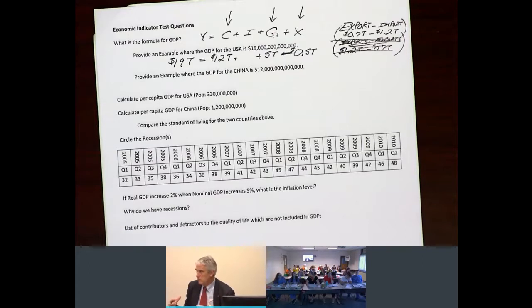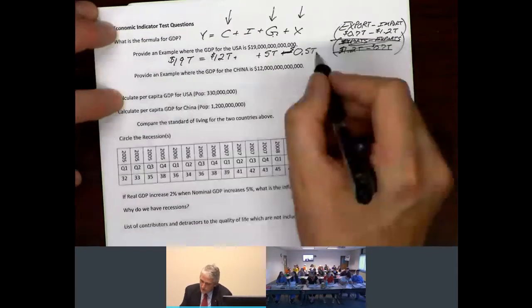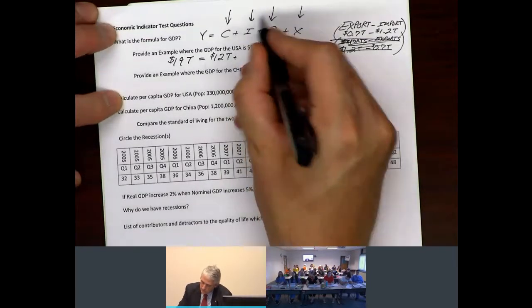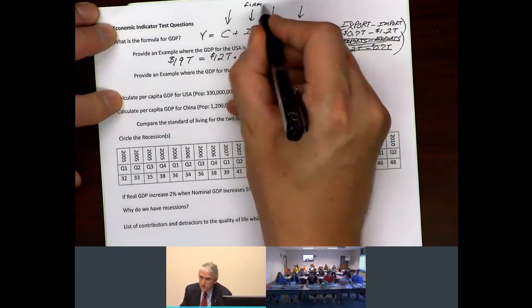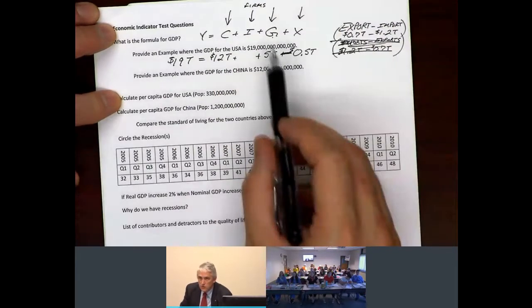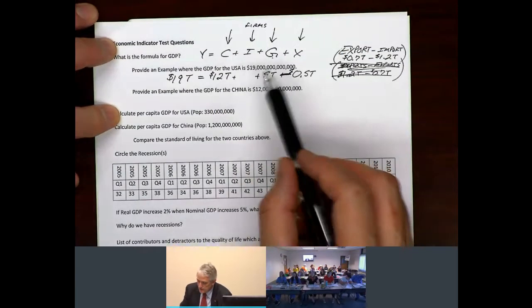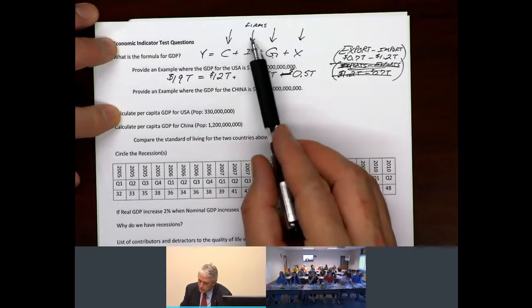The actual physical purchasing of materials by firms in anticipation of future productivity. So a distribution center and so forth. Good. So those are things that firms do. So inventory, products, the inputs that they purchase and so forth.